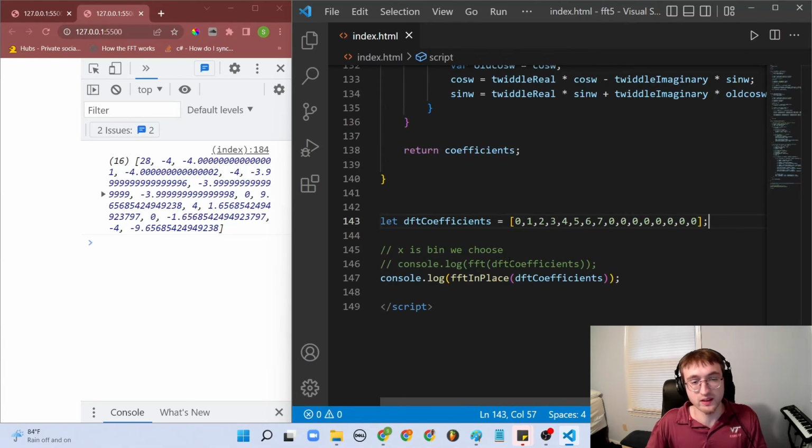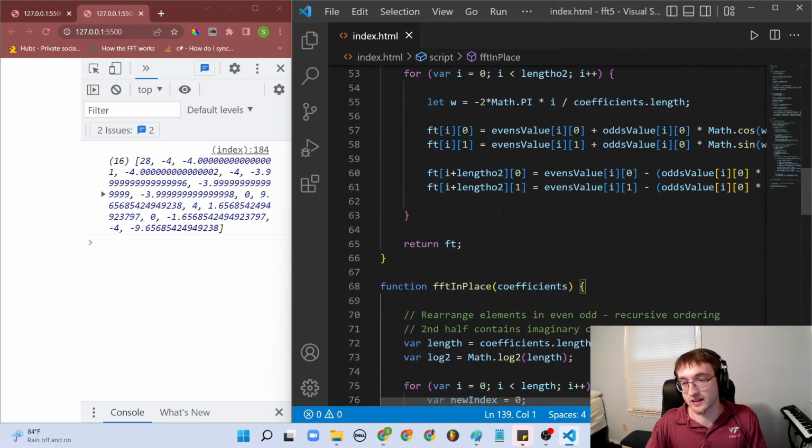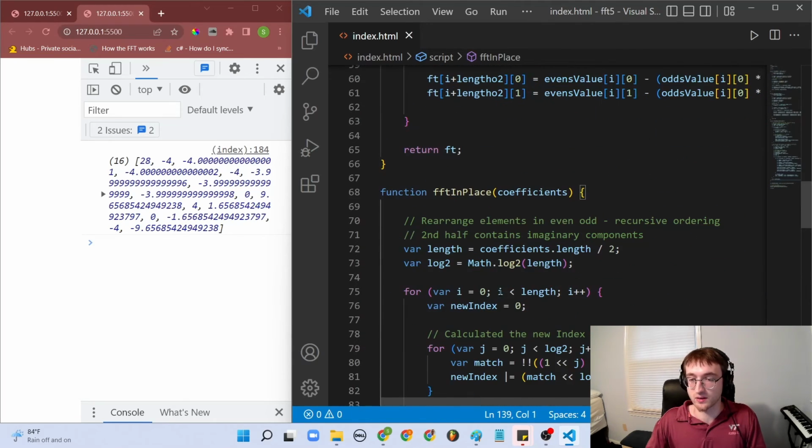Alright, so we have this, and I think in my head that we are in a good place with this FFT in place. We've done a lot of optimizations, great optimizations.